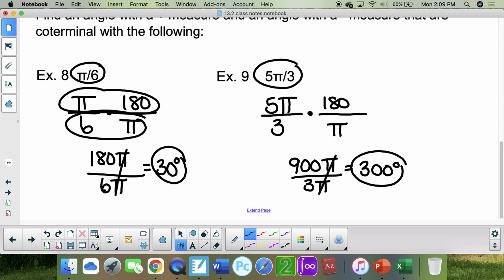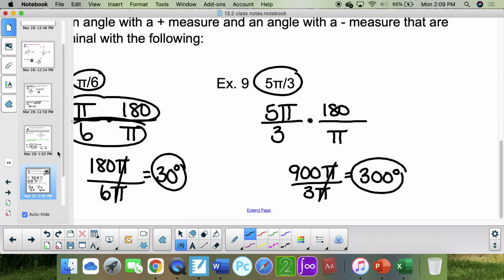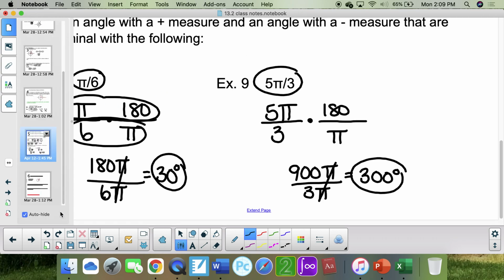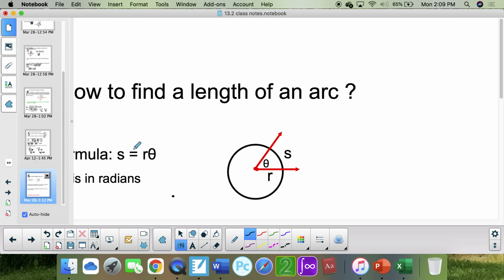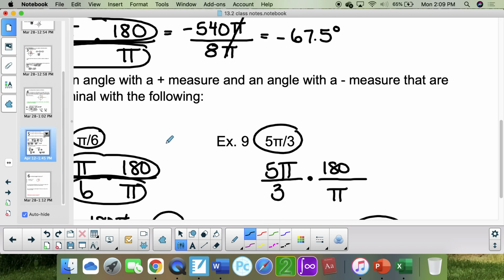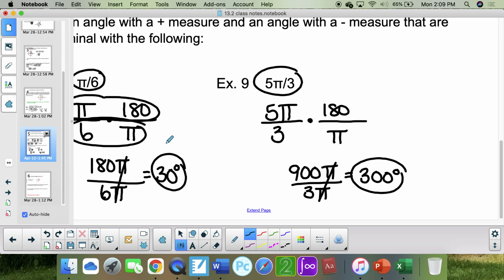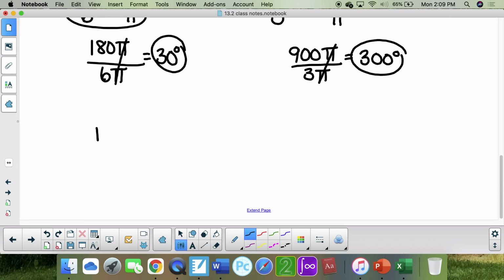Let's see, is there any other problems here? Let me just make sure before I stop here. I'm not teaching how to find the length of an arc, but I'm going to just do one more, going the opposite direction. 135 degrees, change it into a radian, so multiply by pi over 180.